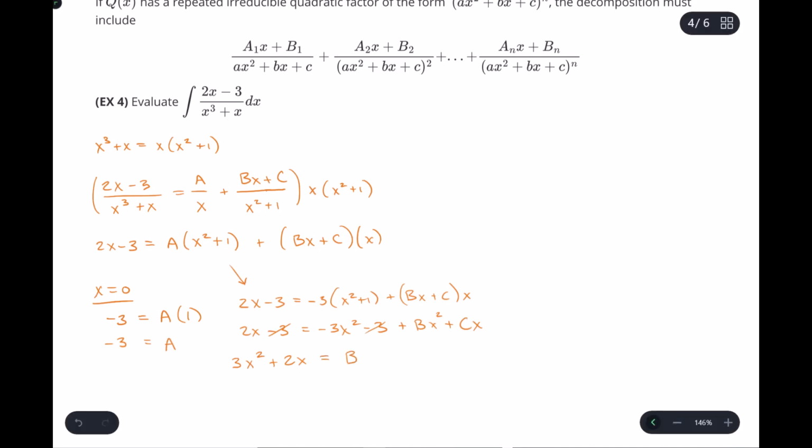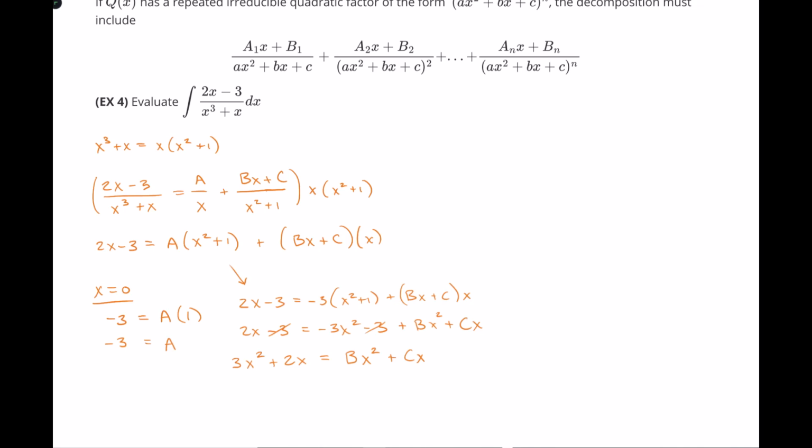So then that's left and equal to bx squared plus cx. Now, there's a couple of choices I could go about here. Number one is I could choose random values of x, plug those in at this point, and then get a couple of different equations involving b and c, and then I can solve those simultaneously, and that will solve for b and c.